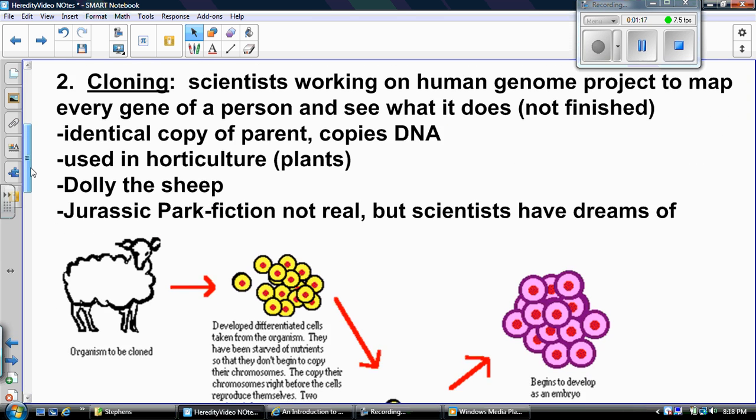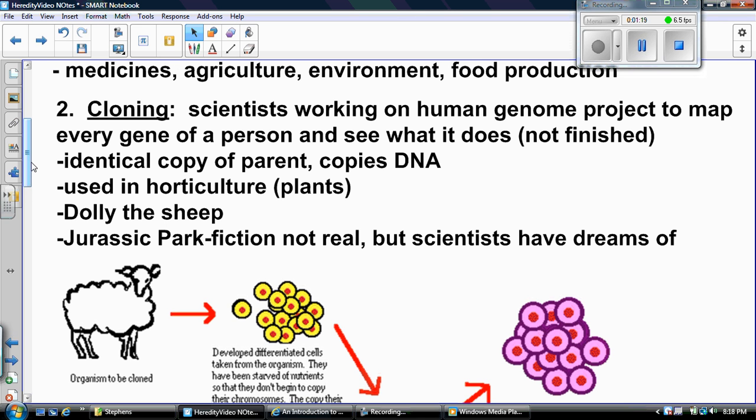Okay, another way that we have genetically engineered living things is cloning. Scientists are working on the Human Genome Project to map every gene of a person and see what it does. They're not finished. As of right now, we have about 30,000 genes. Pretty much with cloning, what they do is they take an identical copy of the parent and they copy the DNA.